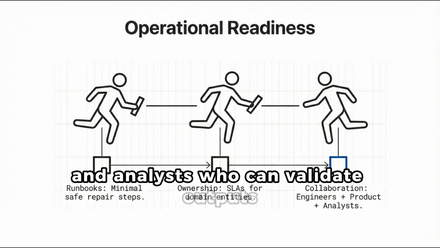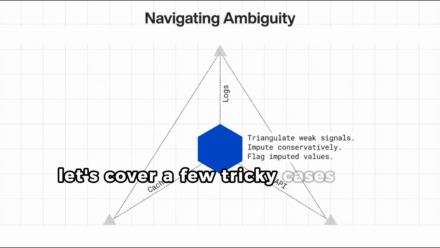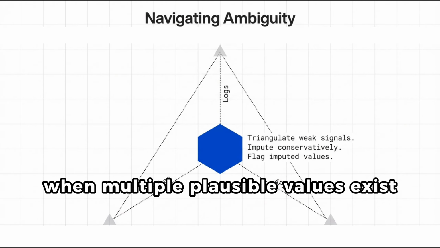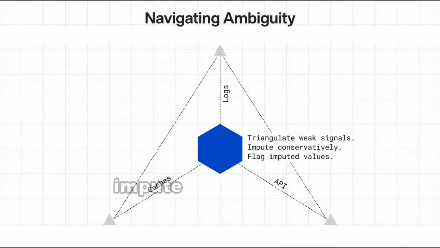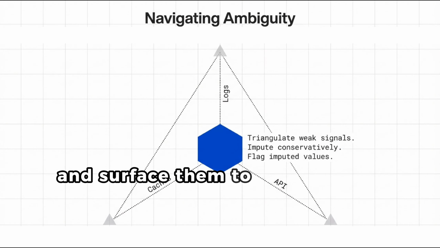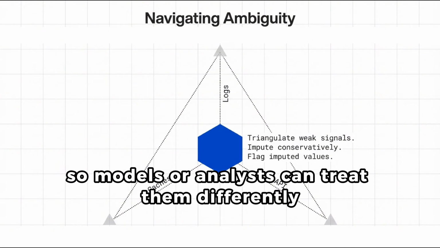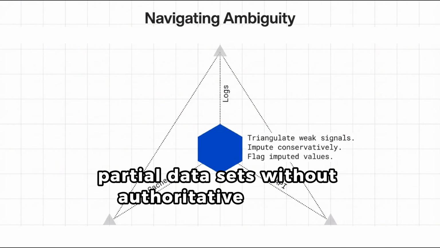who can validate outputs. Let's cover a few tricky cases and how to approach them. Ambiguous reconstruction. When multiple plausible values exist, don't overwrite blindly. Impute conservatively, flag imputed values, and surface them to downstream consumers so models or analysts can treat them differently. Partial datasets without authoritative sources.